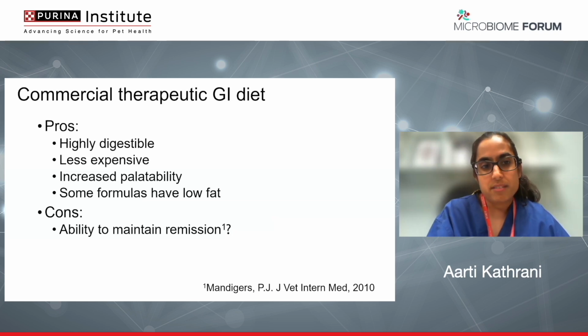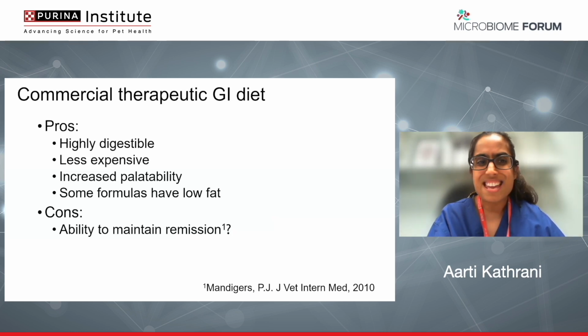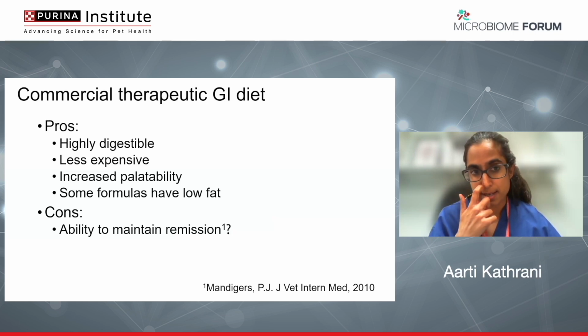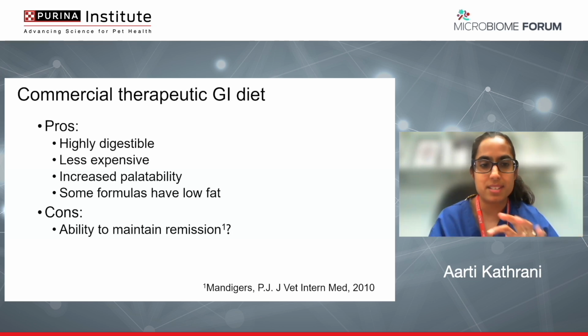The advantages of these diets is that they are considered to be more digestible. They may be less expensive than some of the other categories. What's nice about these diets is that the intact protein means that they have higher palatability than some of the other categories. And some GI diets have low fat formulas, and that's the same in the US and the UK.